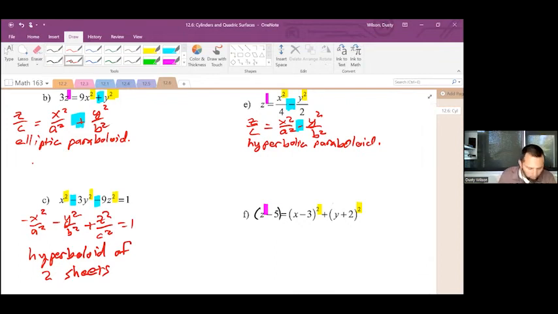So in this case, we would be of the form z over c equals x squared over a squared plus y squared over b squared. And this is an elliptic paraboloid.